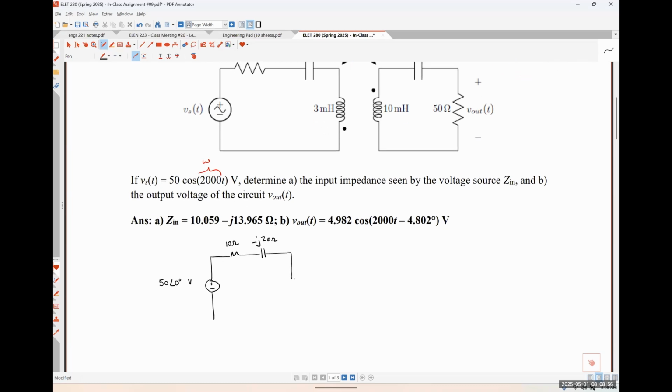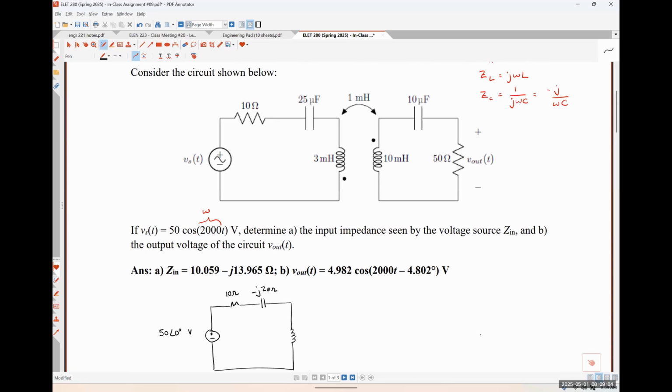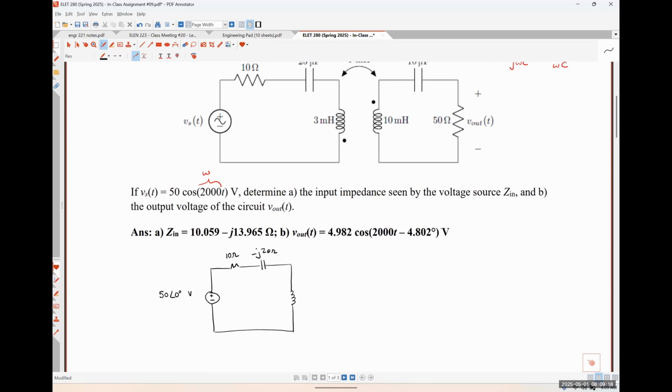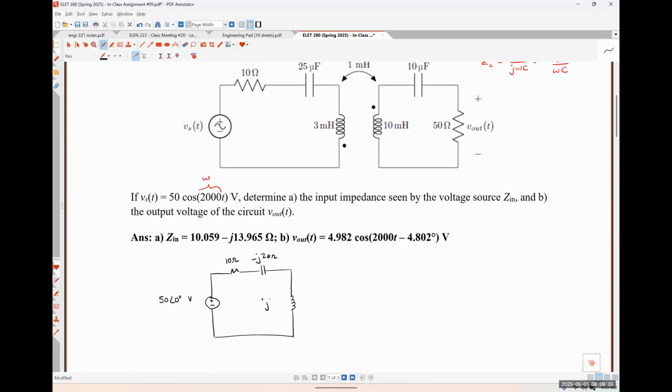Now we'll have our 3 millihenry inductance for our coil. Here I'm using the expression j times omega times L. So in my calculator, I'm doing 1i times 2000 times 3 times 10 to the minus 3, because a milli is negative 3. And I get an impedance of j6 ohms here.